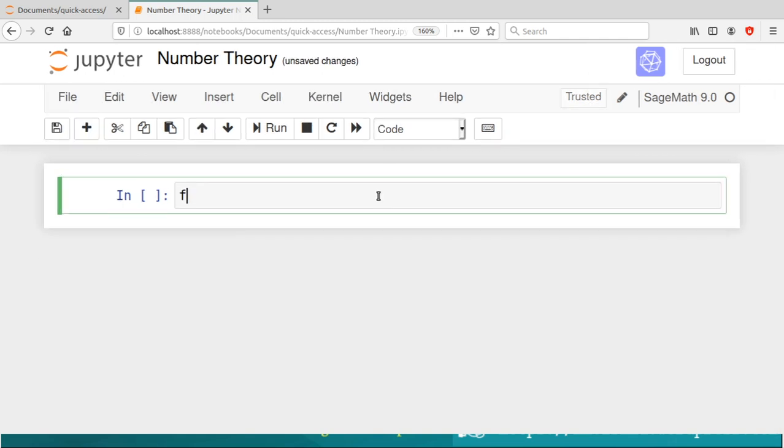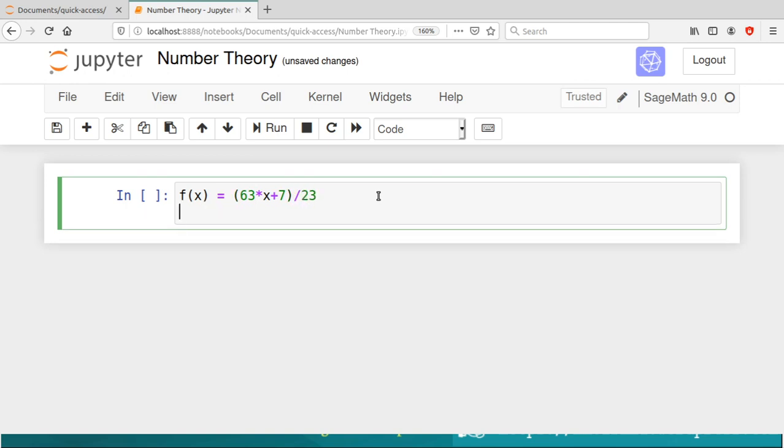If I call y to be f of x, then my f of x is nothing but 63 into x plus 7, and that is divided by 23.